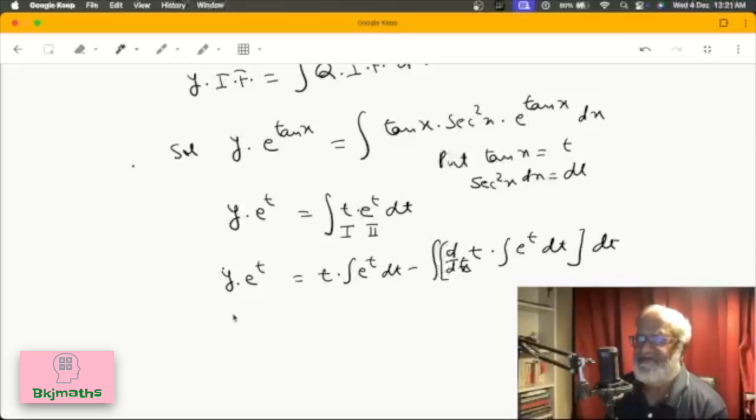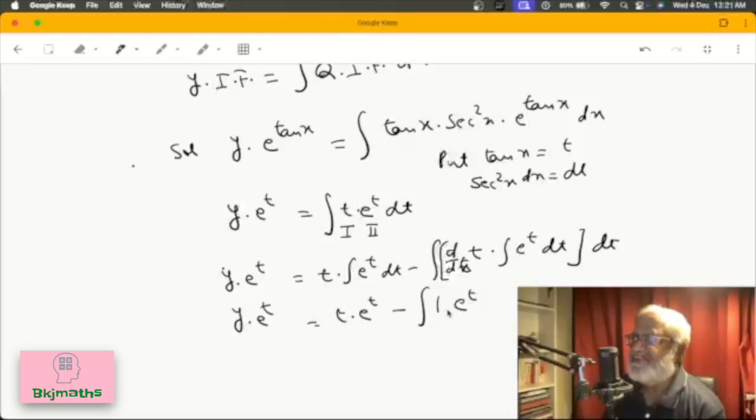So y into e to the power t equals t. Now integration of e to the power t is e to the power t, minus integration, d by dt of t is 1, into integration of e to the power t is e to the power t dt.